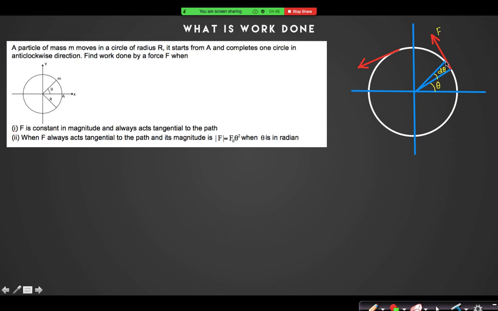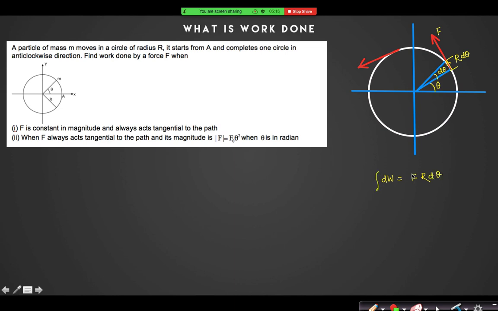And what will be the displacement of this particle during that small interval? It is R d theta. So this R d theta displacement and force, they are in the same direction, yes or no? Yes, sir. So just multiply F into R d theta. So I can say that dW is equal to F into R d theta.